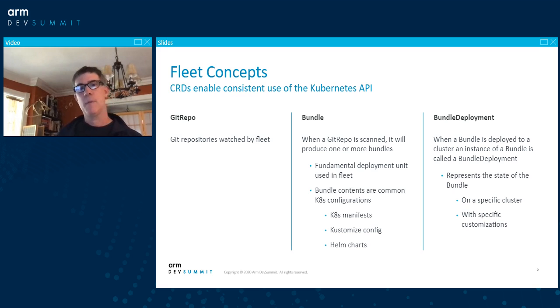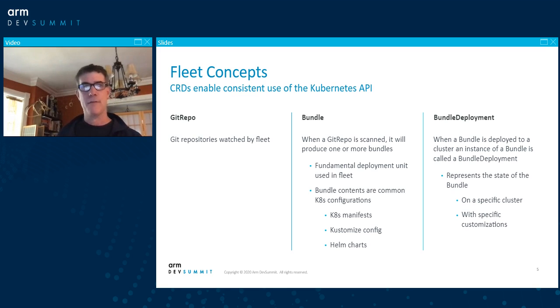The bundle contains Kubernetes configurations in various forms, and we'll talk about those shortly. And when you build the bundle, the bundle deployment CRD is what manages the state of those configurations for specific clusters.